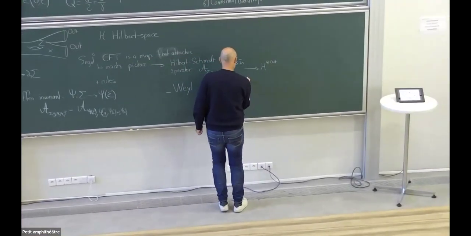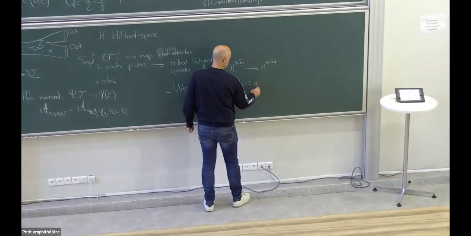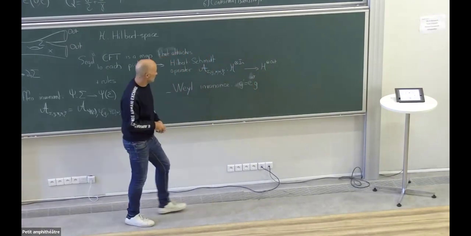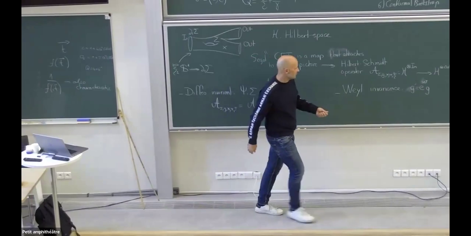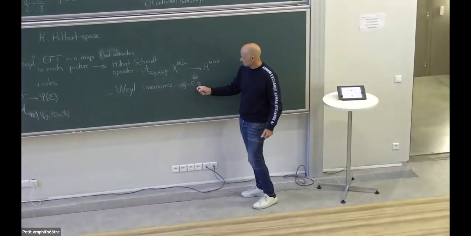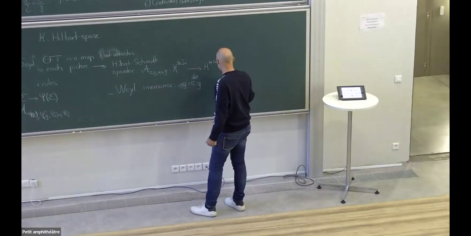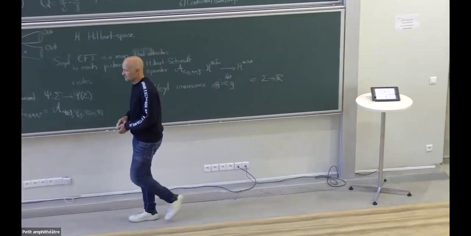If you consider another metric G prime on your manifold sigma that is conformal to G, it means that the metric G prime is just G times a positive function, the exponential of some smooth map defined on your manifold.